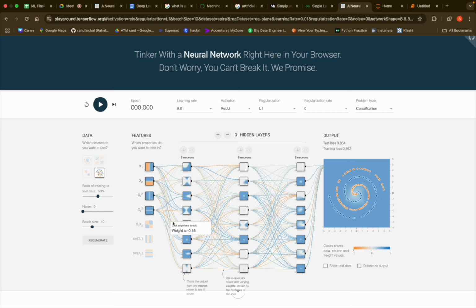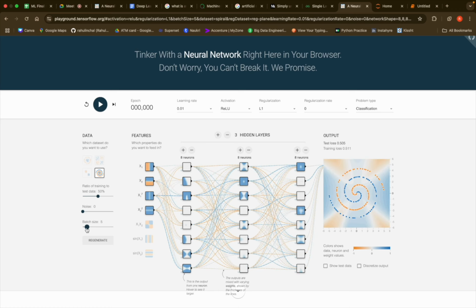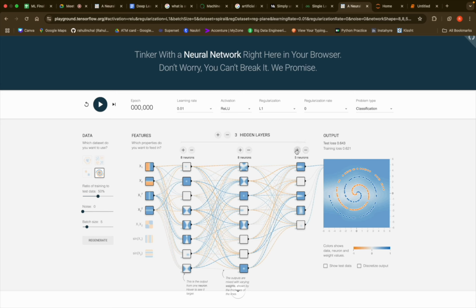So now what I can do is increase my input features, and let's try to decrease my batch size as well, because I want my data to learn a lot. And also let us take out one, okay, hold on.